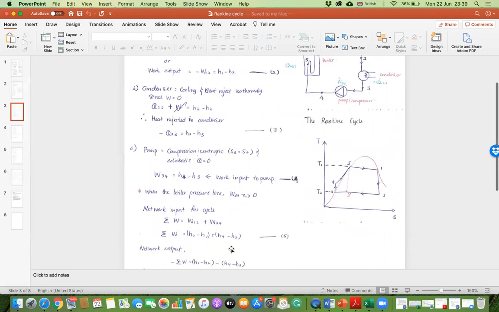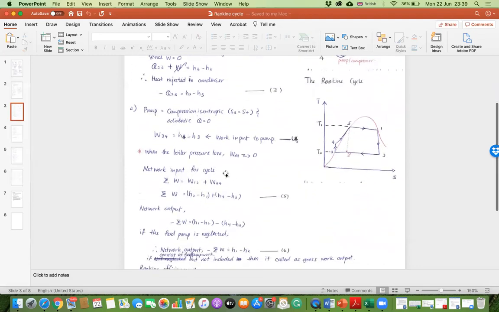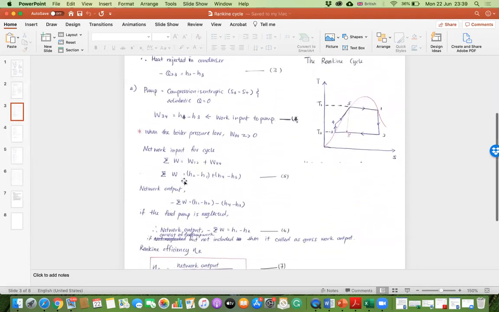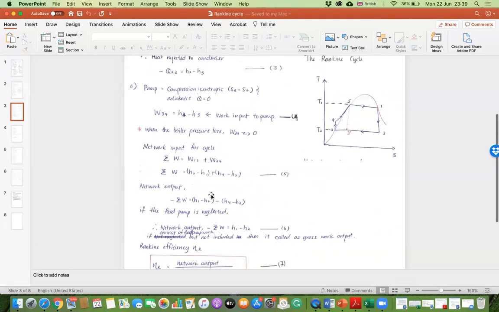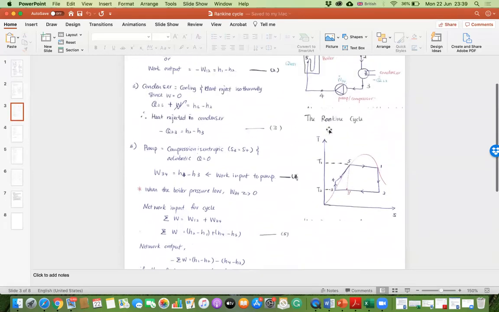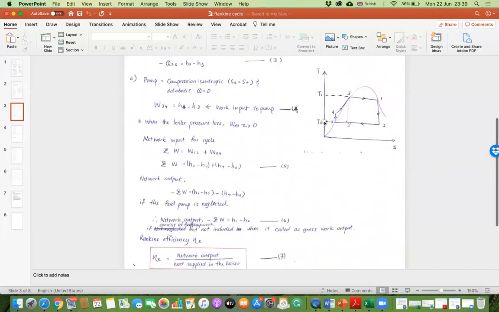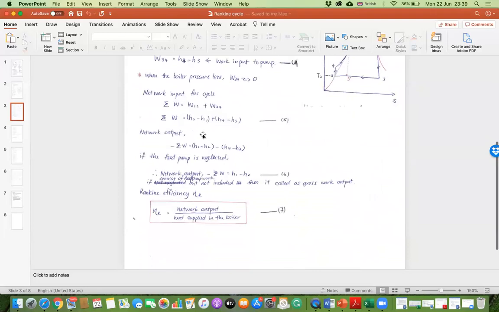So we plug in the equation, and this is our net work. If the feed pump is neglected, we only refer to H1 minus H2. If the work consists of feed pump work but does not include it, it is called the gross work output.